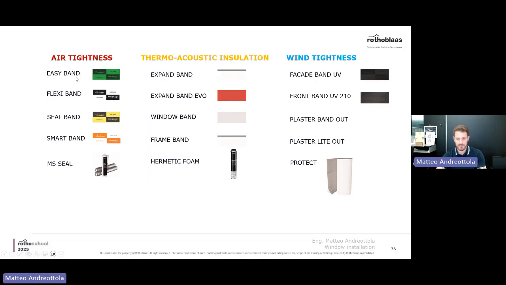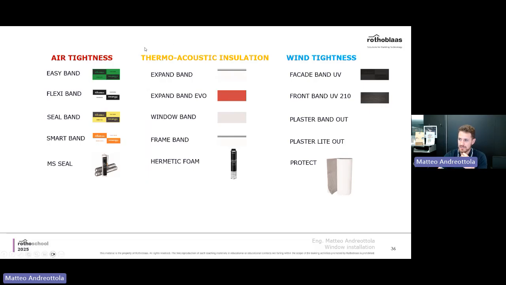Practical examples, and we are getting very close to the end and to our question and answer part. You see that for air tightness, we have more than one product that you can choose. I just wanted to point out some of the ones that you can potentially be using.